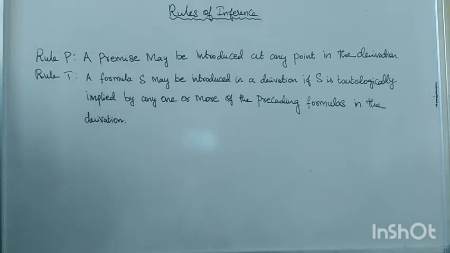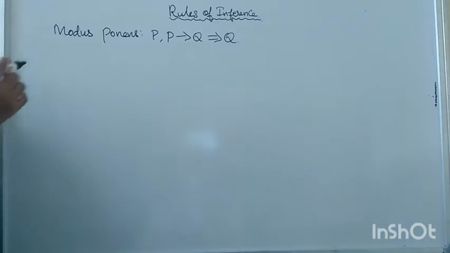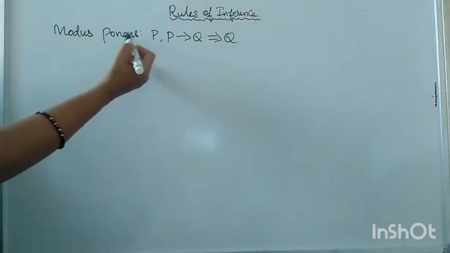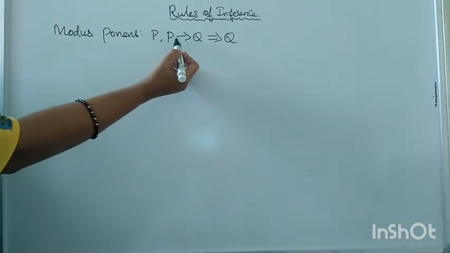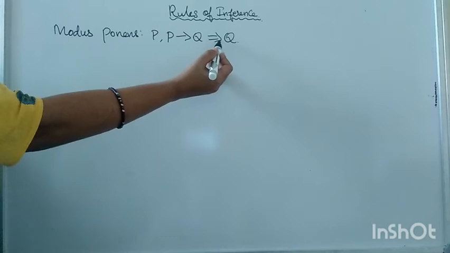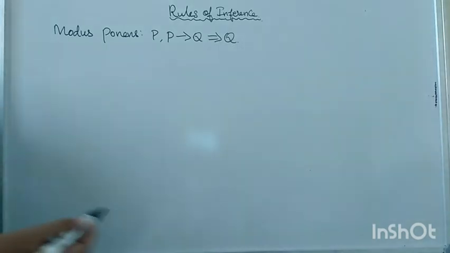For example, we can take one implication. I have taken modus ponens. Modus ponens is: P and P implies Q, which tautologically implies Q. So, how am I going to prove this?